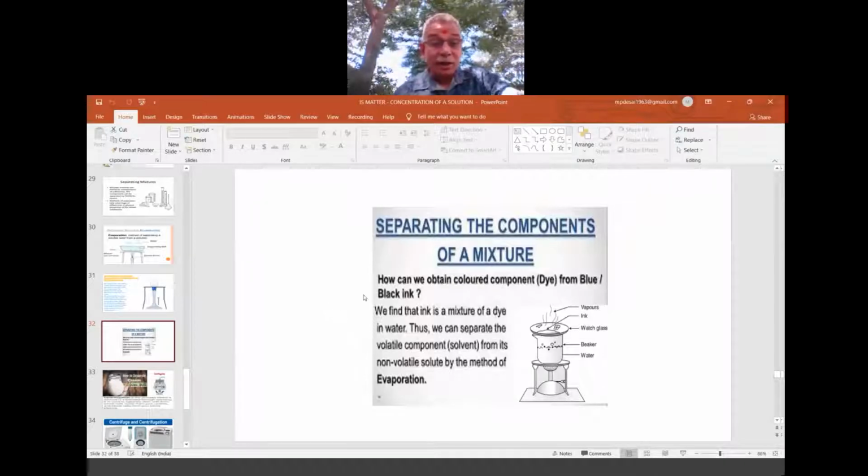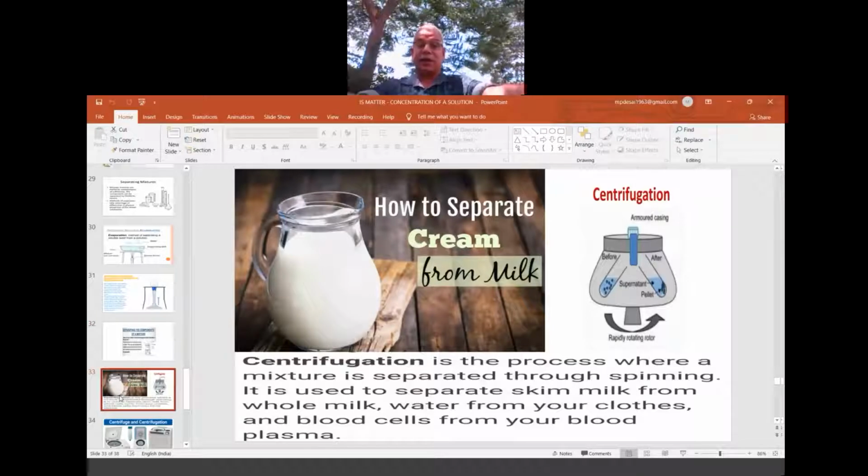Okay, right. Now, please see this one. How can we separate cream from milk? Every day, I think you might have seen in the kitchen, mother makes butter, mother makes cream out of milk, out of buttermilk.